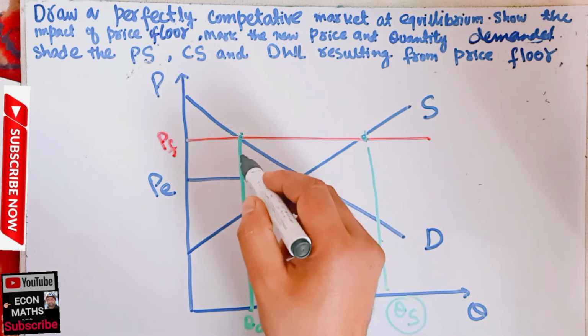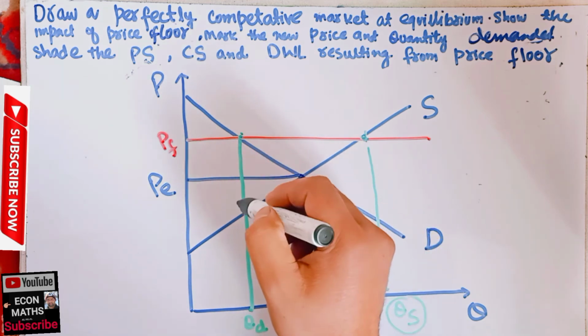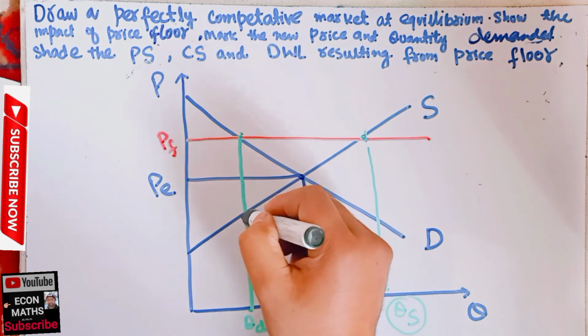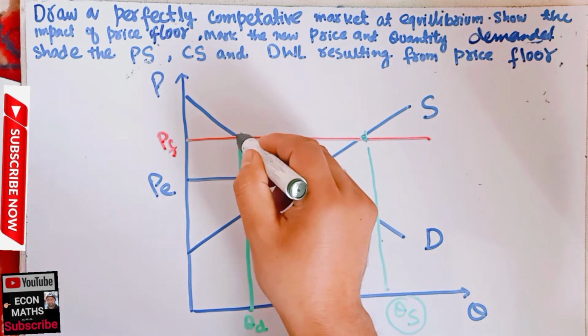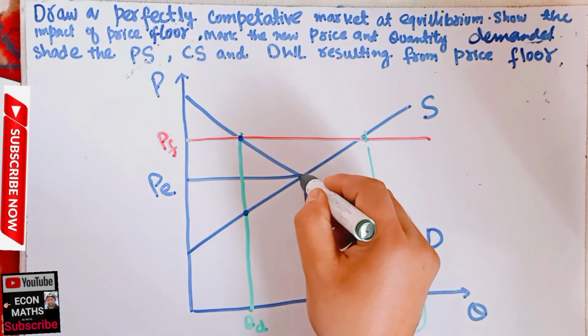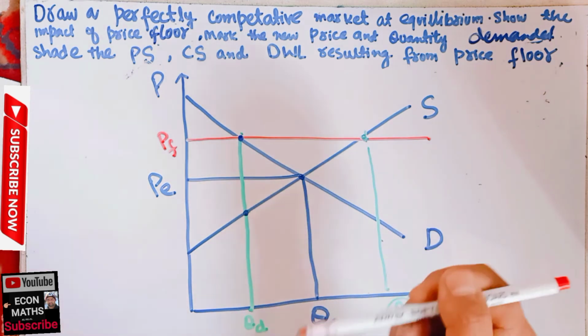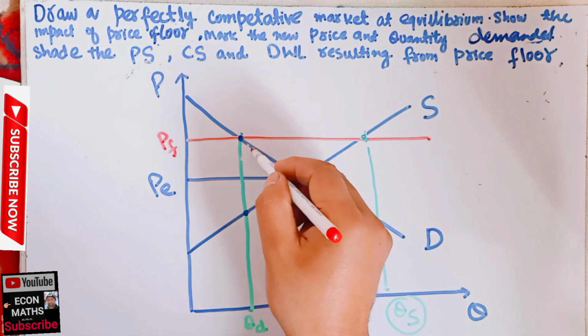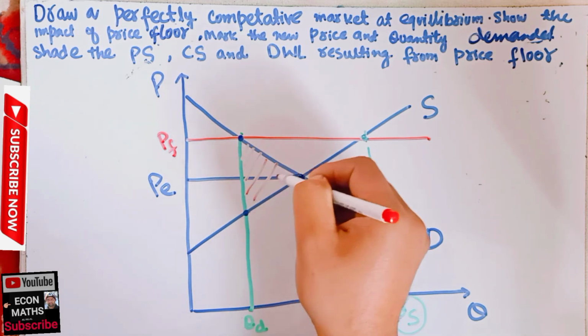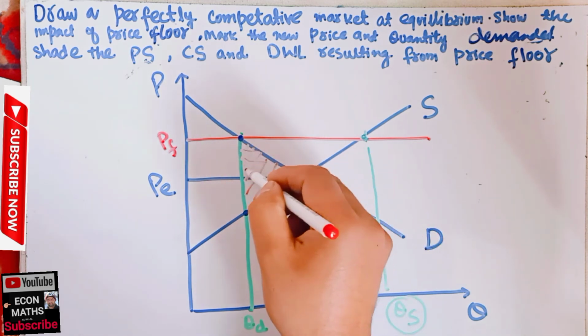These three points form the triangle of the deadweight loss here. So we can show this by this line. This is our deadweight loss here.